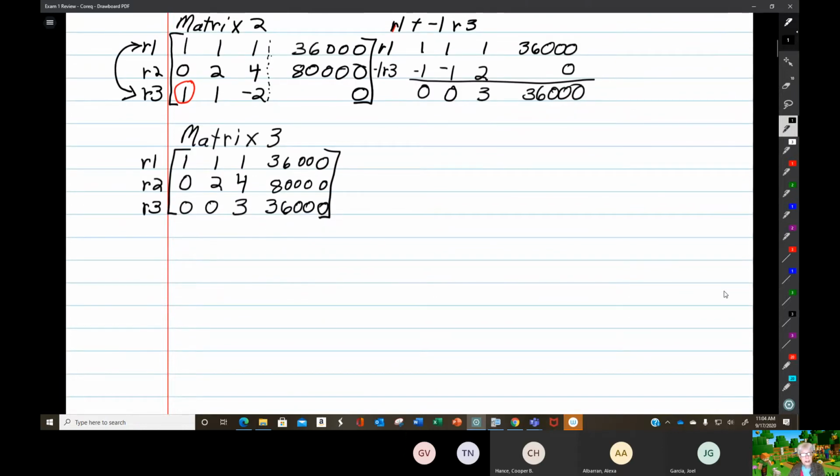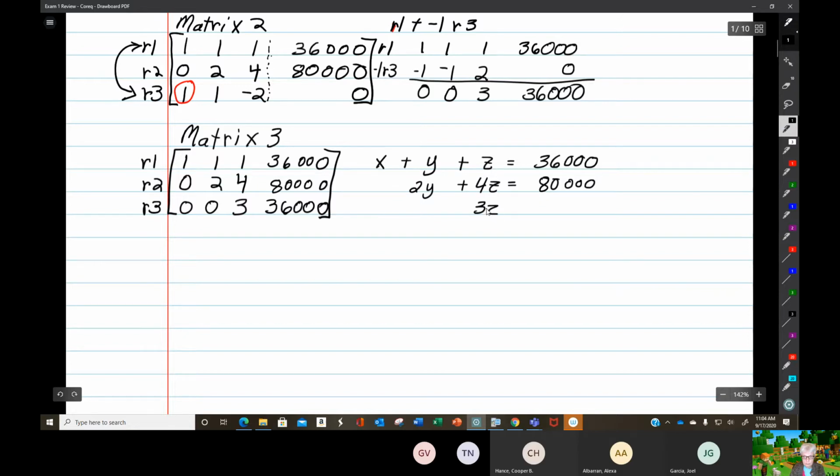Now, I'm going to change this back into a system using X, Y, and Z. There's our system.